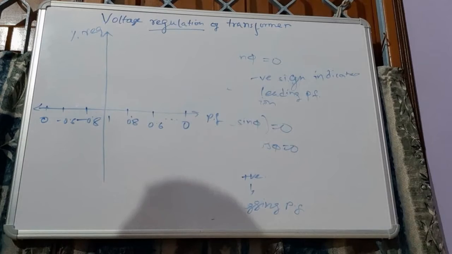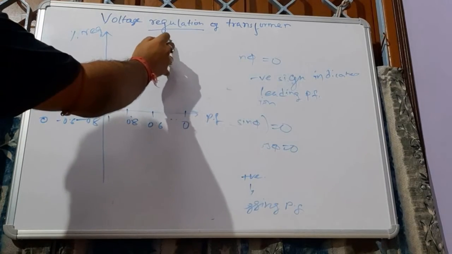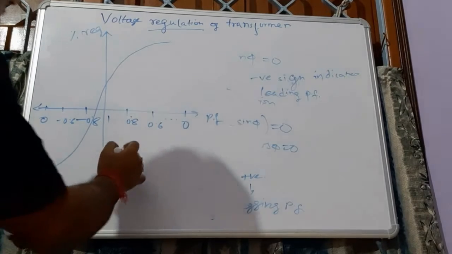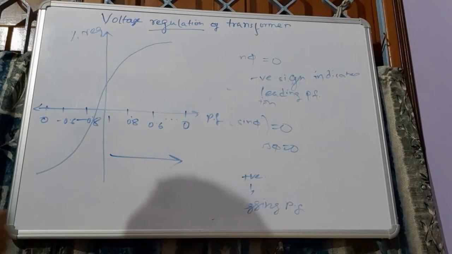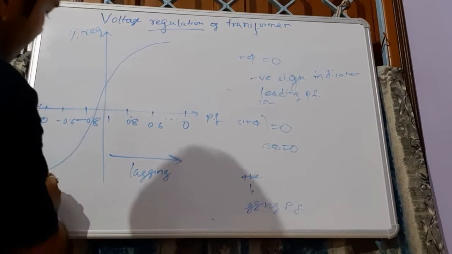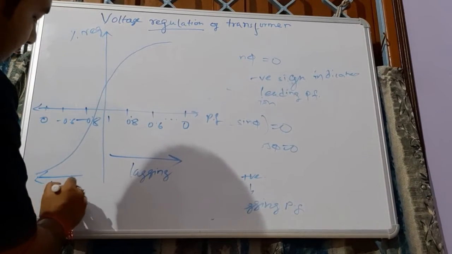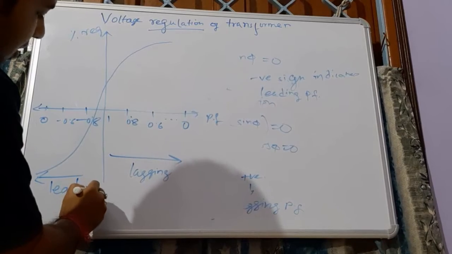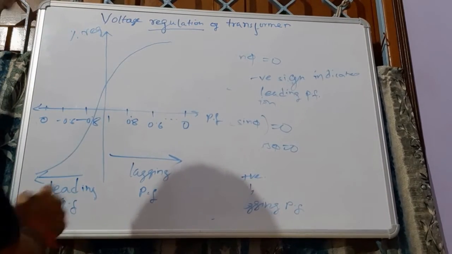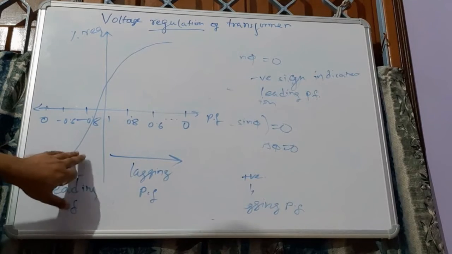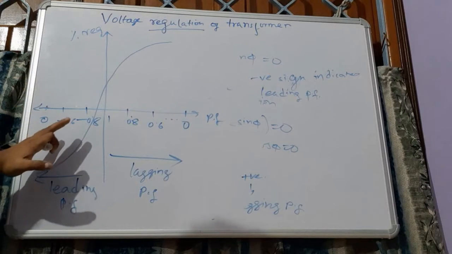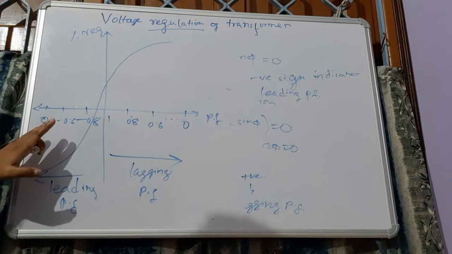Okay, so the plot will be like this. In this direction we get the lagging power factor, and in this direction we get the leading power factor. Okay, so these are the two conditions for zero regulation and maximum regulation.